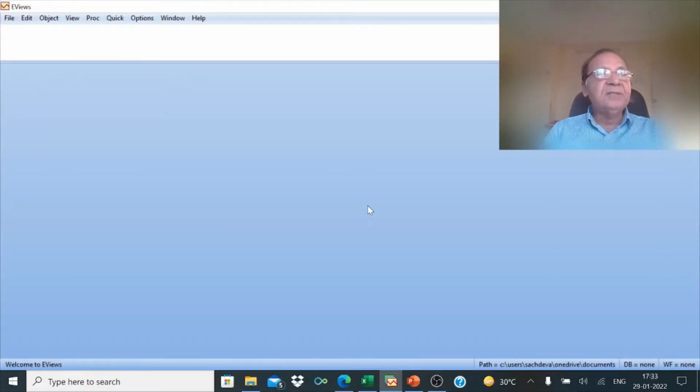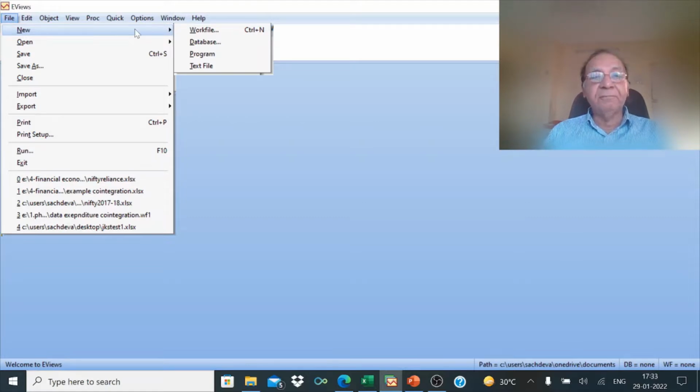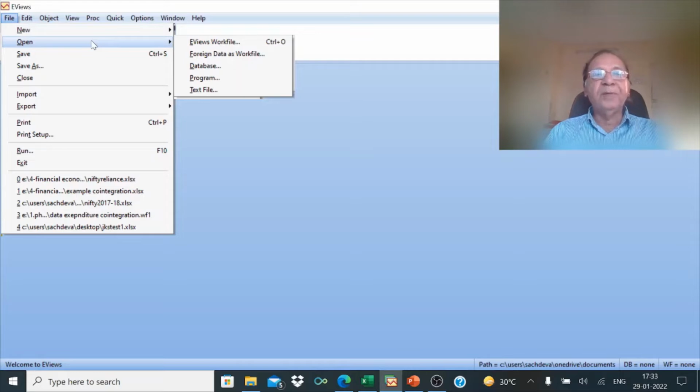When we start EViews, we can open files: new files as workfile, database, program, text files. We can also open foreign data as workfile.